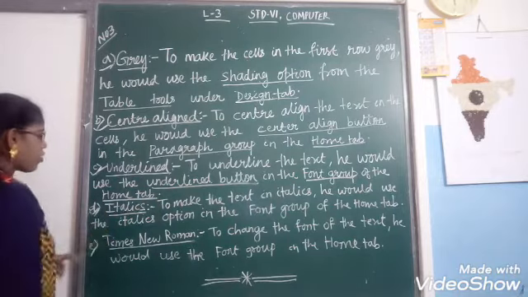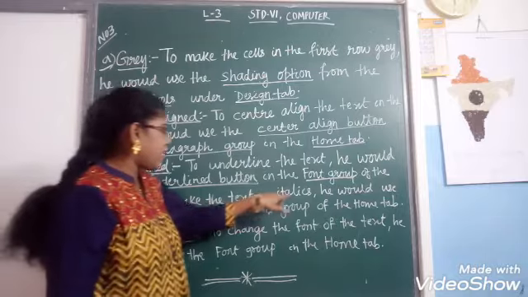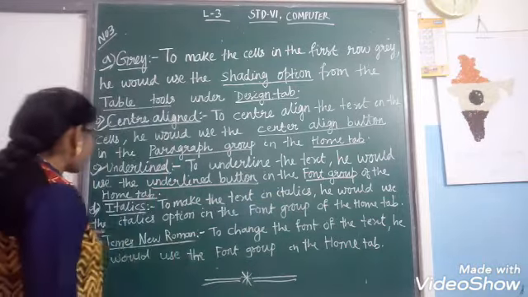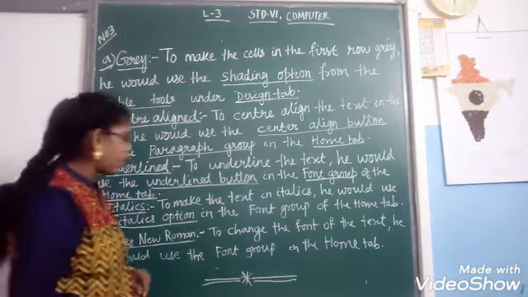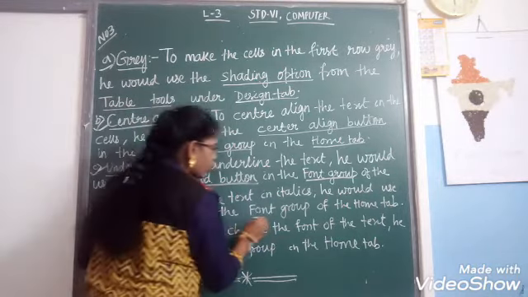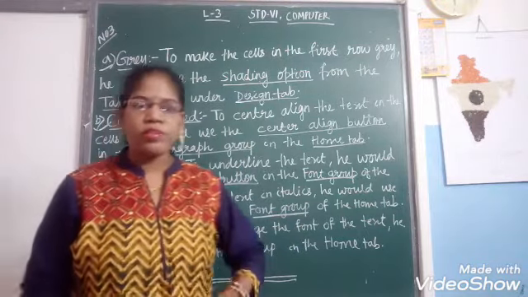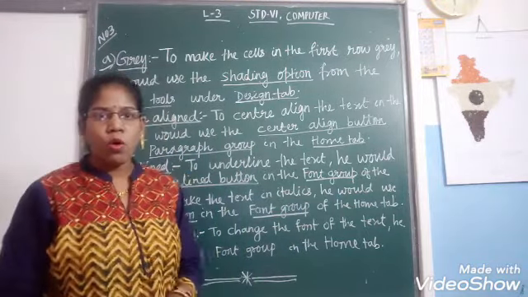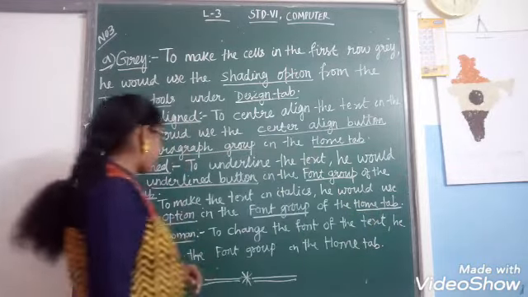Now come to the fourth one, to make the text italic. To make the text italic, he would use the italic option in the font group of the home tab.